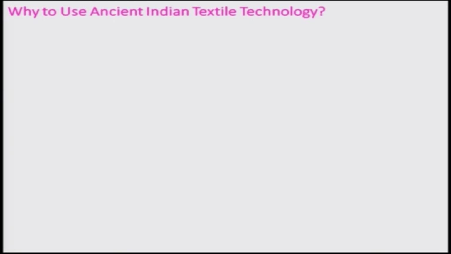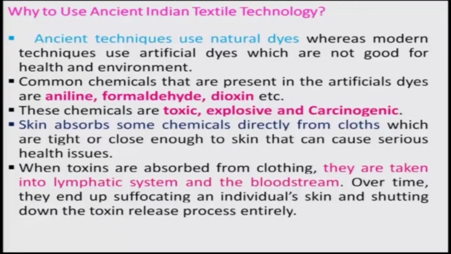So, now I will be emphasizing a little bit further on why to use ancient Indian textile technology. That is because the ancient textile technologies were basically using natural dyes, as compared to modern days in which people use artificial dyes, and artificial dyes are not good for health and the environment.